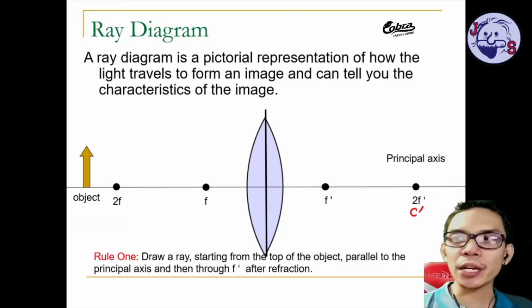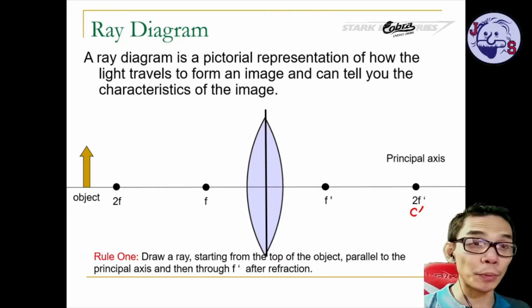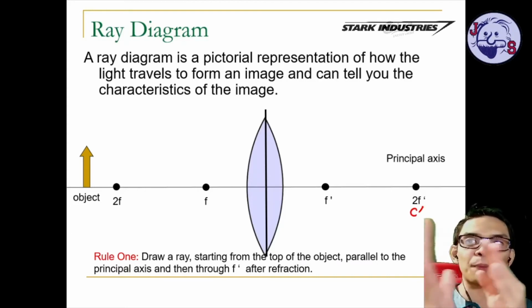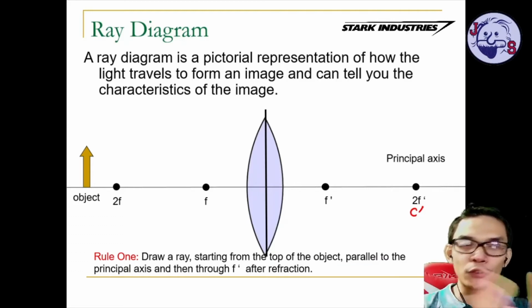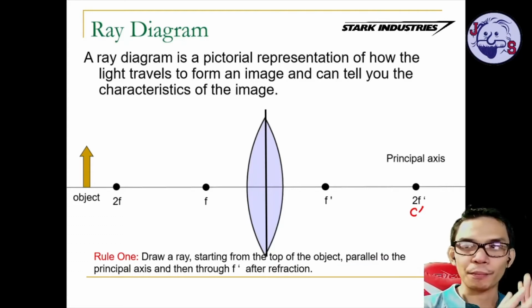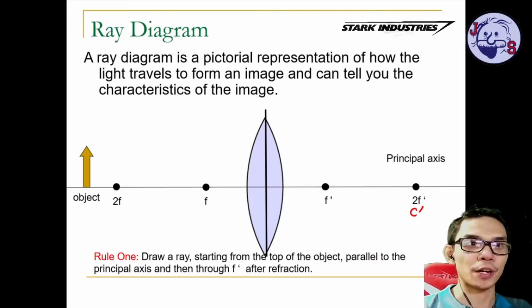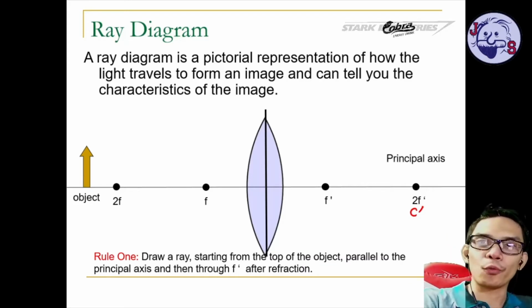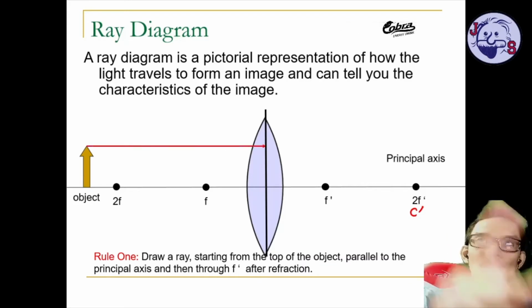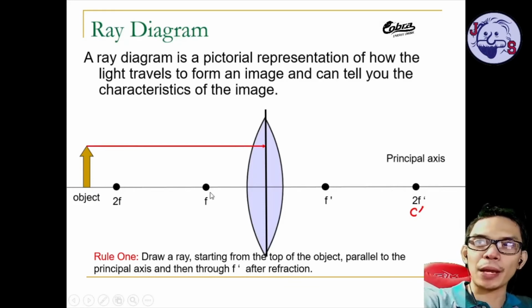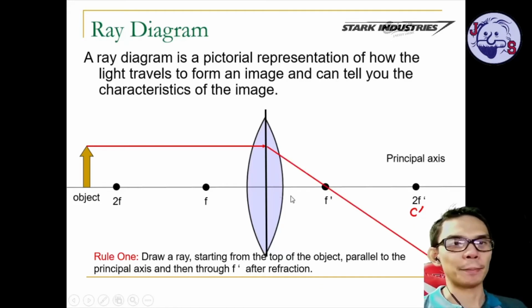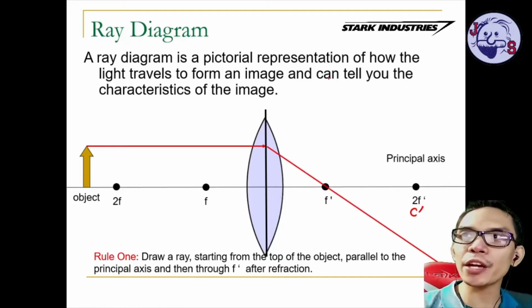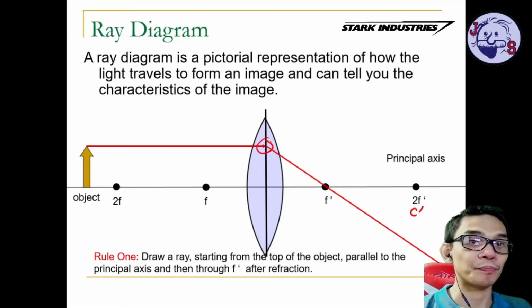So draw a ray starting from the top of the object parallel to the principal axis through the F prime. Remember, through the F prime, not the F only. Not the F, but the F prime after refraction. So where will it go? Starting from the principal axis parallel, then it goes to the F prime. Now what happens here is the light is being refracted.